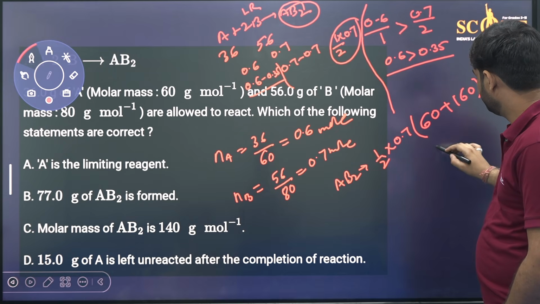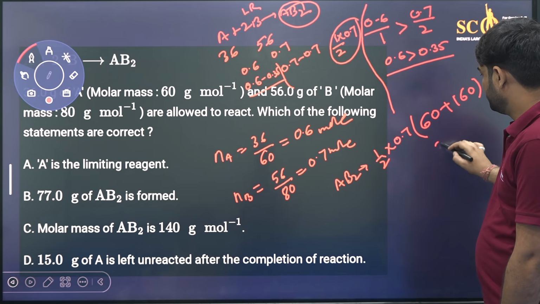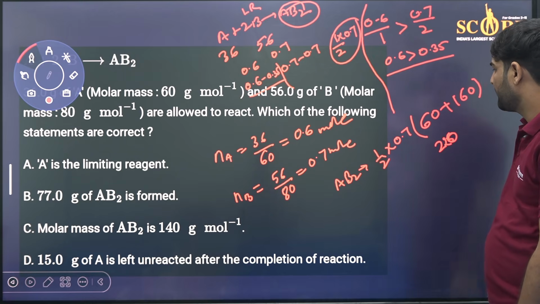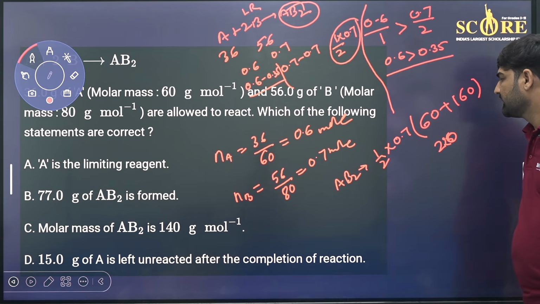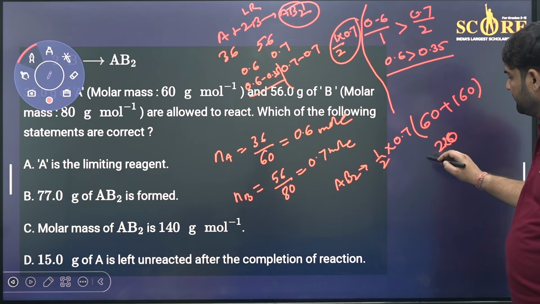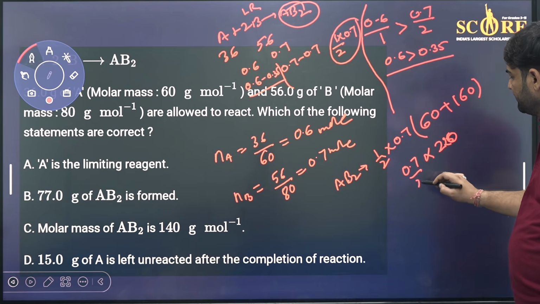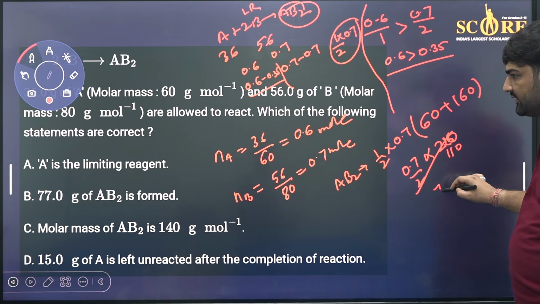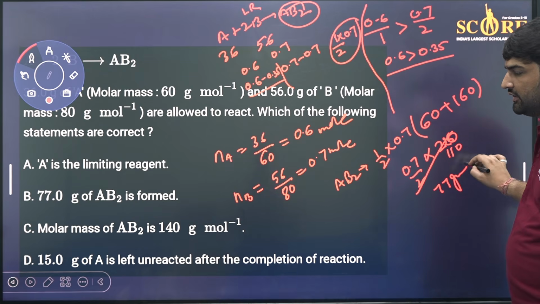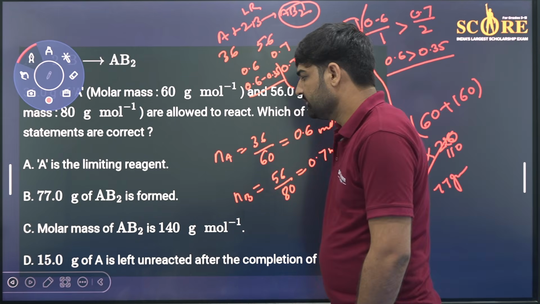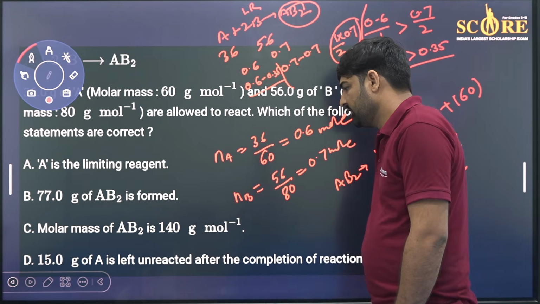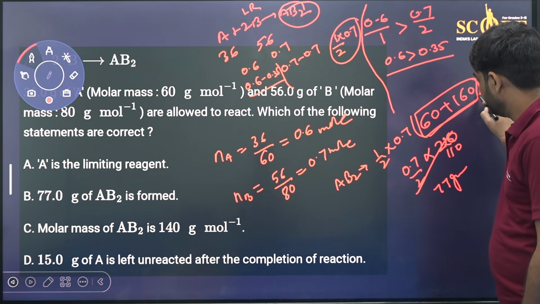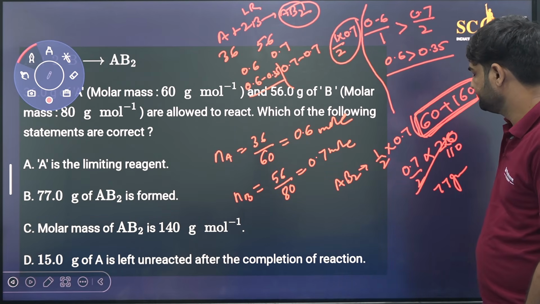Then this will be, I think, 220. This will be 220 multiplied by 0.7 divided by 2, this will be 110 and this will be 77 gram. So B is the correct option. Molar mass of AB2 is 140 gram. So this is the molar mass of AB2 and this is 220 gram.